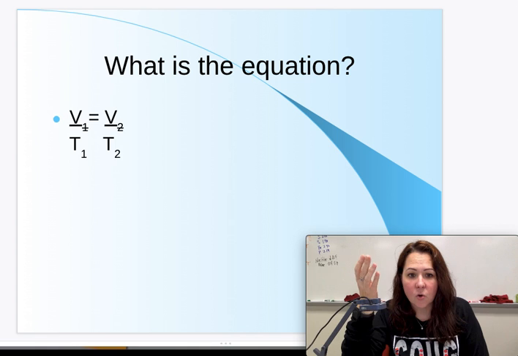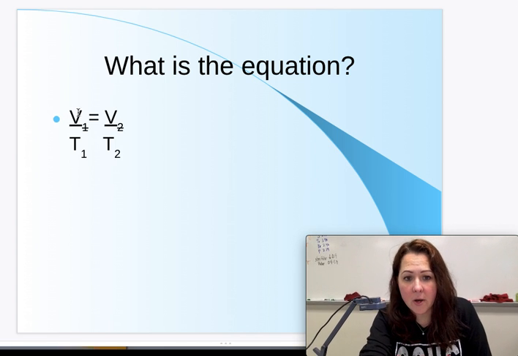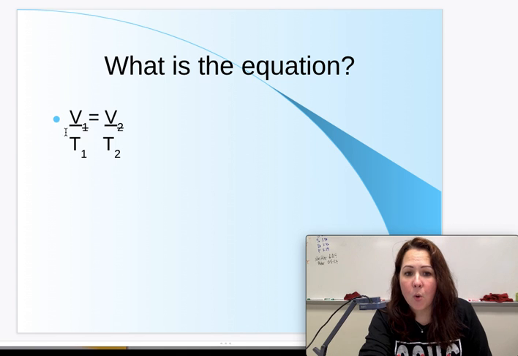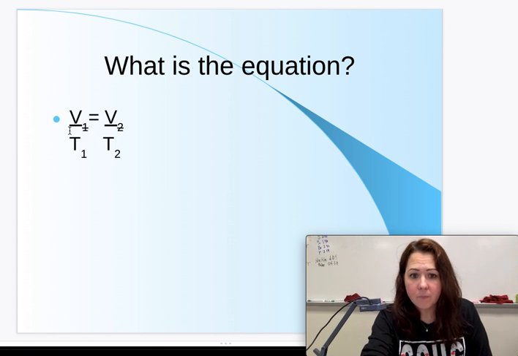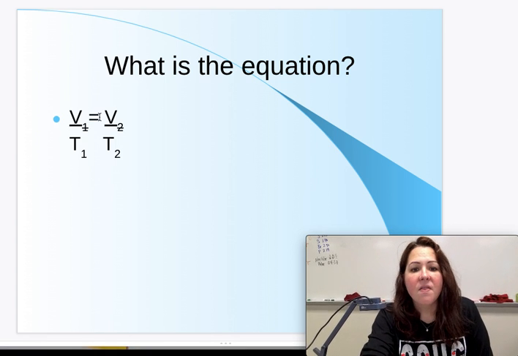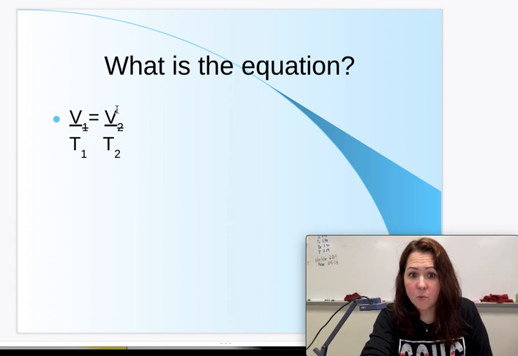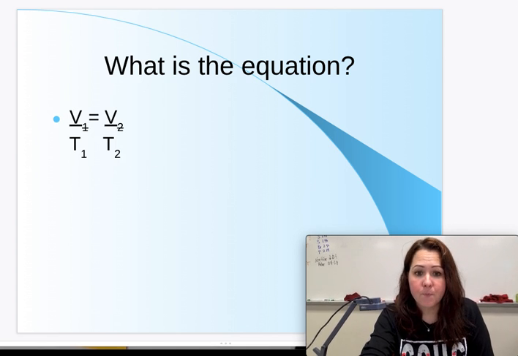When we look at this equation, we have V1 over T1, volume 1 over temperature 1. Remember, the ones are where you're starting. It's like your baseline. Then you set that equal to, it's a proportion, volume 2, your new volume, over your new temperature. So V1 over T1 is equal to V2 over T2.